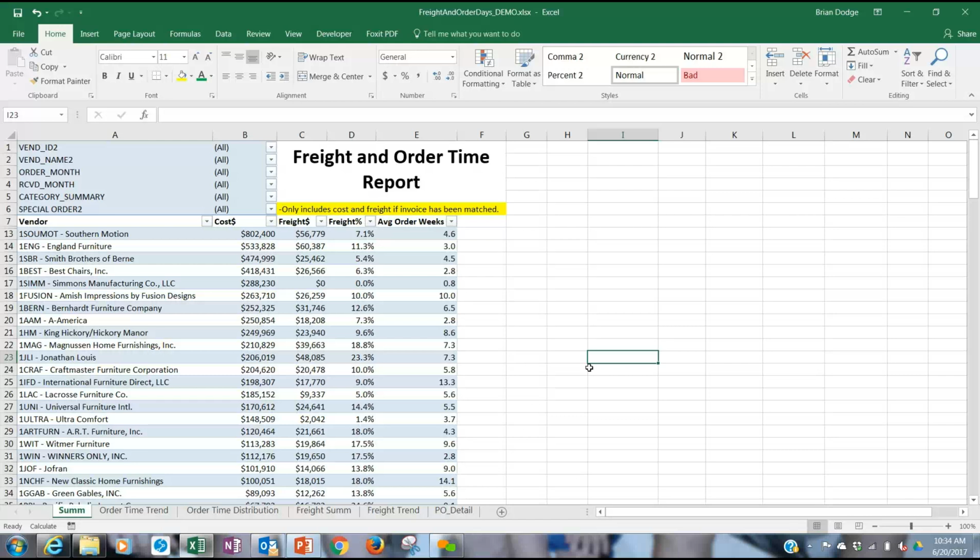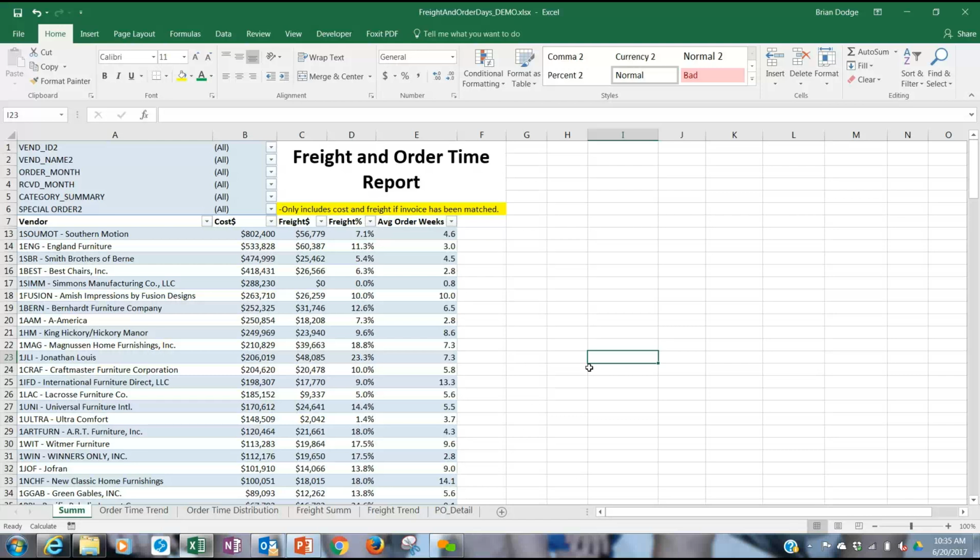We focus on freight because it's in general a pretty significant margin driver for the business for furniture. So we want to track and measure how freight's going with each vendor. That's why we spent time developing this tool specifically for freight.